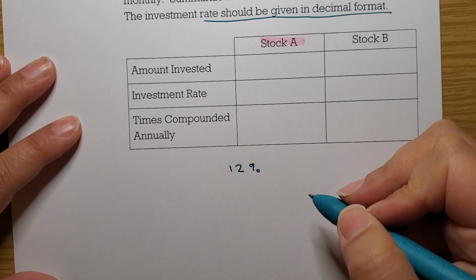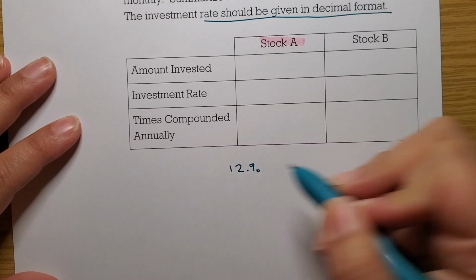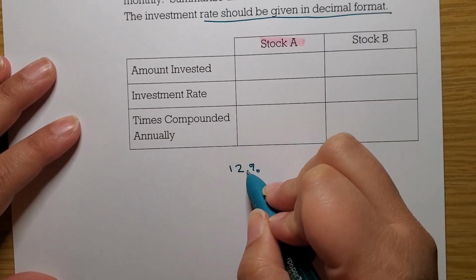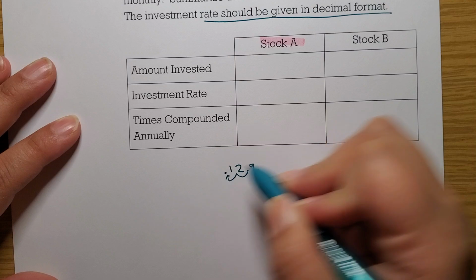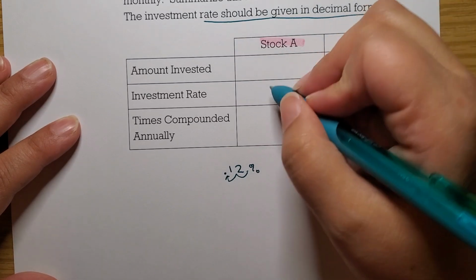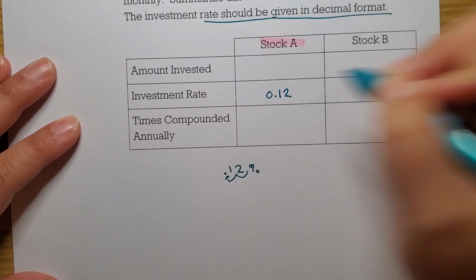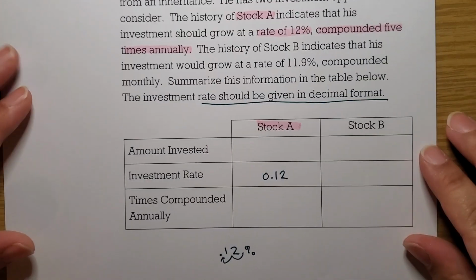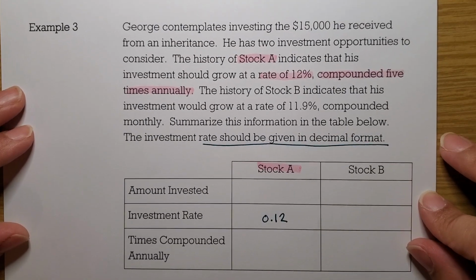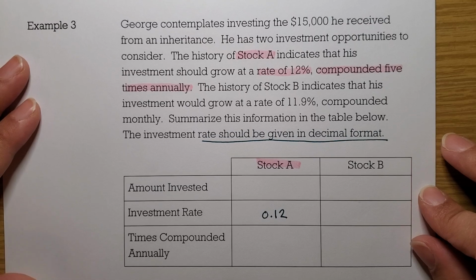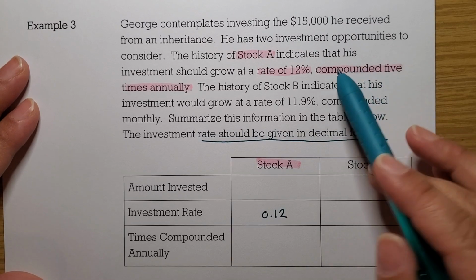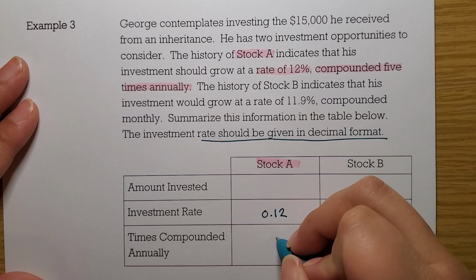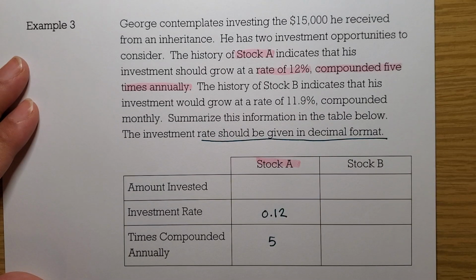So if I have 12%, that's like 12.0, and I'm going to move it 2 places over. So the investment rate is going to be 0.12. Then times compounded annually, it's compounded 5 times annually, so 5 times.